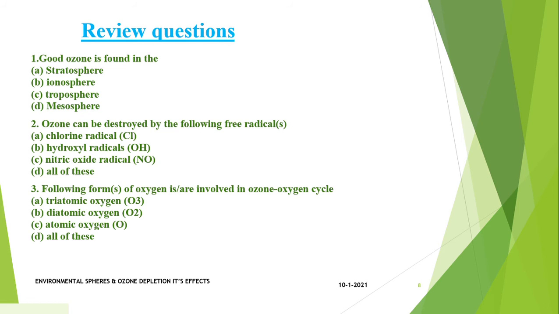Ozone can be destroyed by the following free radicals: A. Chlorine radical Cl, B. Hydroxyl radicals OH, C. Nitric oxide radical NO, D. All of these. Number 3. Following forms of oxygen is or are involved in the ozone oxygen cycle: A. Triatomic oxygen O3, B. Diatomic oxygen O2, C. Atomic oxygen O, D. All of these.